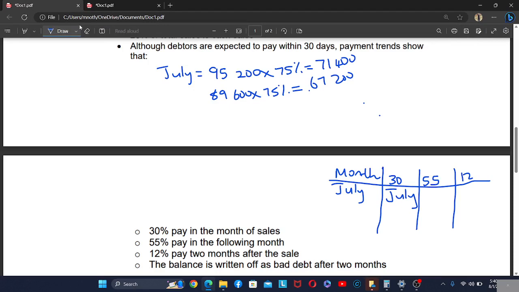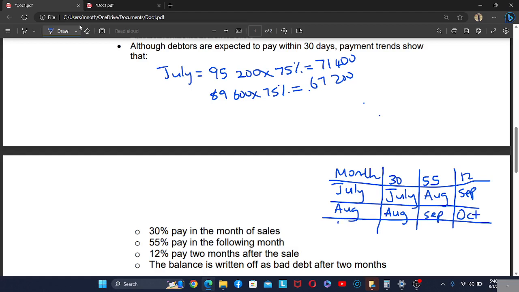And then the month following July is going to be August, and after August is going to be September. Now we're moving to August. Let's say that August now is a month of sale. So 30% will be paid in August. Then after August is September and then October, right?